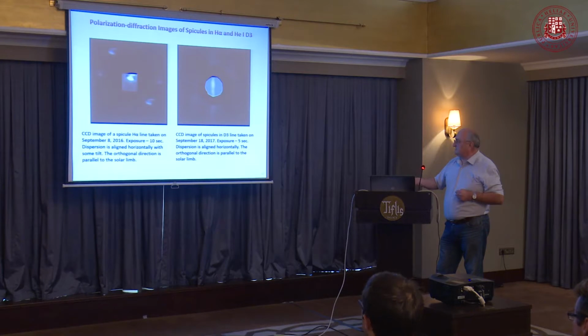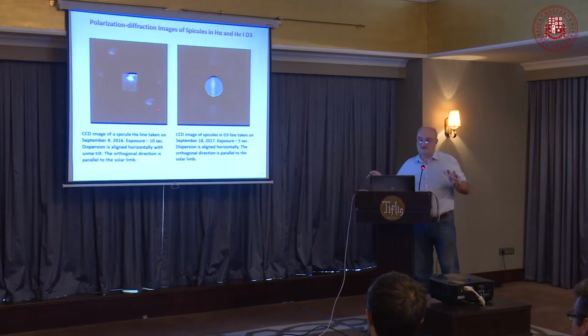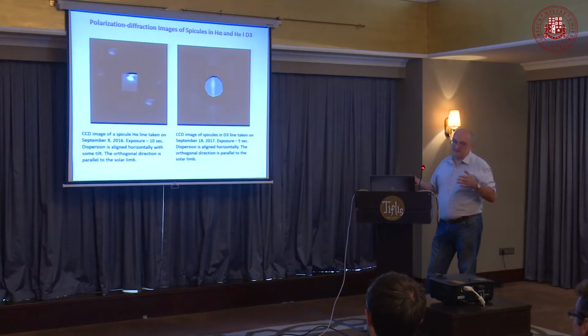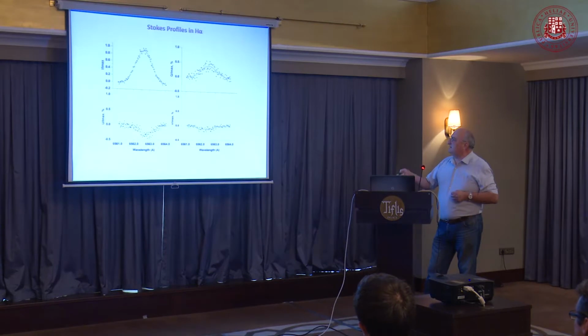Unfortunately, this year, 2017 September, these are the three images. The exposure time is 5 seconds, but the images were not very good because the seeing was quite low. But anyway, we got this data to have some test processing, and what we get for H alpha are these Stokes profiles.